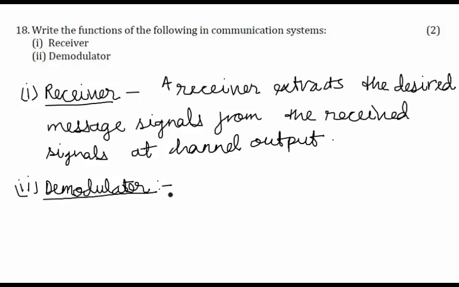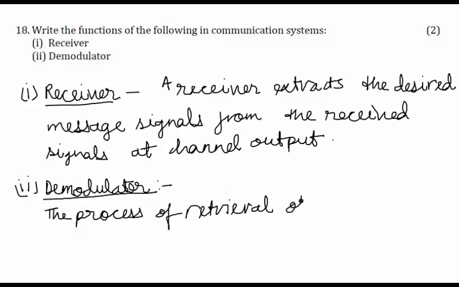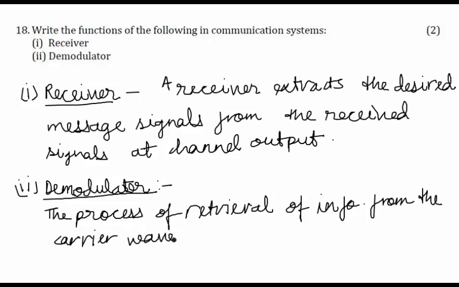So the process of demodulation is done by a demodulator. So let's see what is demodulation. So it is the process of retrieval of information from the carrier wave at the receiver, and it is termed as demodulation.